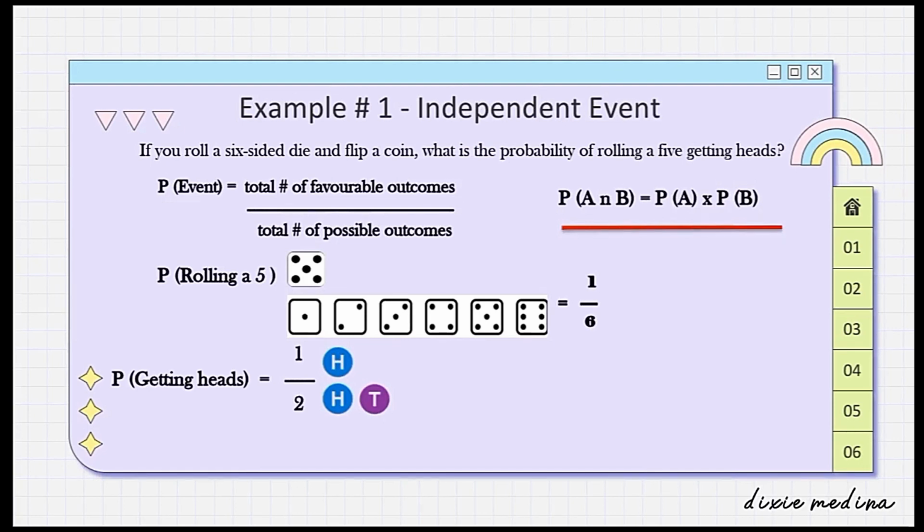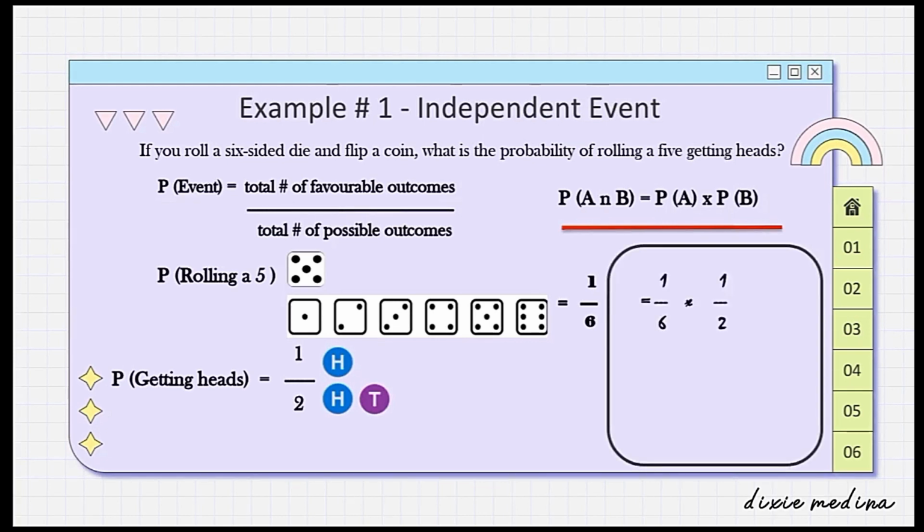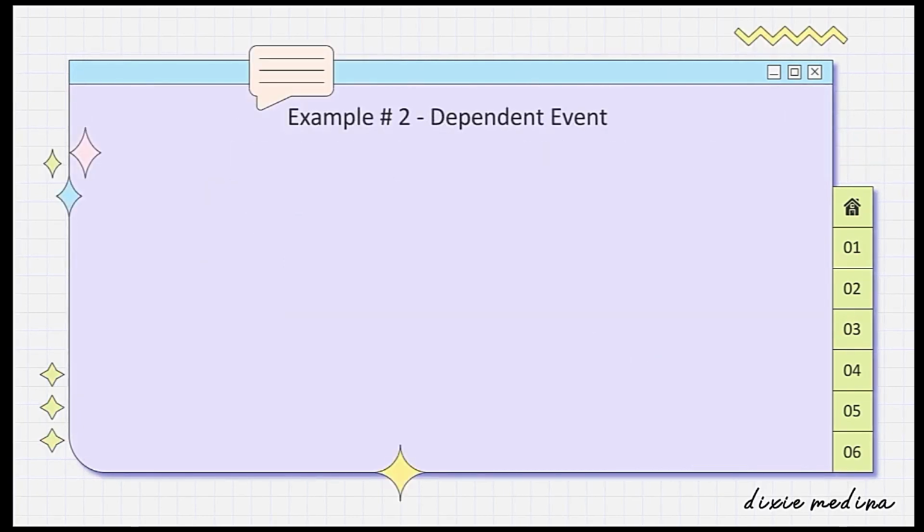All we have to do is multiply them together. 1 over 6 multiplied by 1 over 2 is equal to 1 over 12. As a result, the probability of rolling a 5 and getting heads is equal to 1 over 12 or 0.0833.